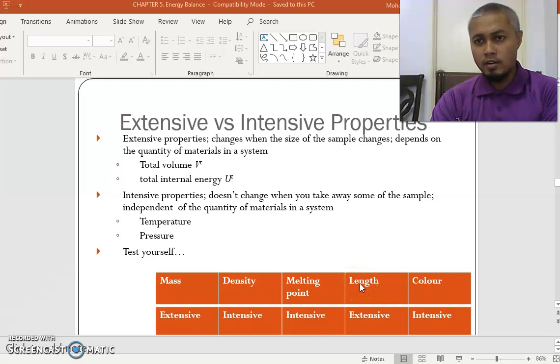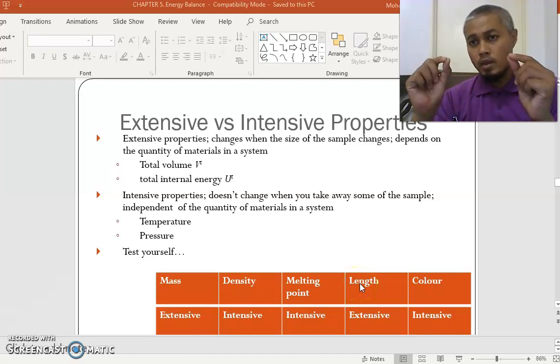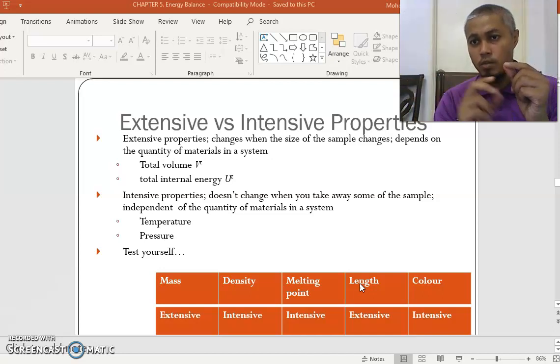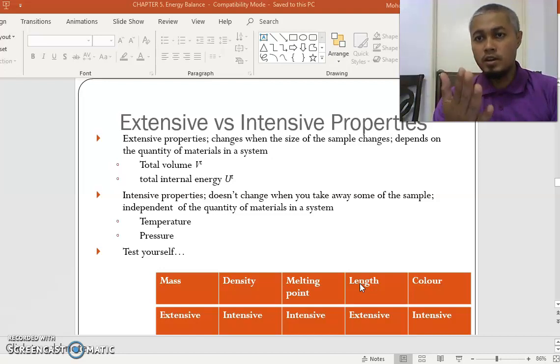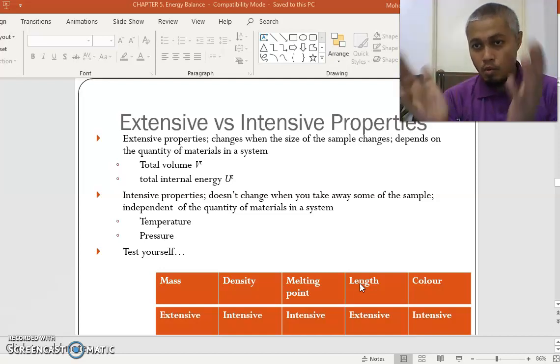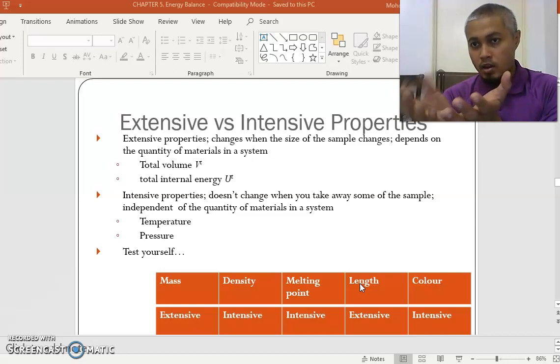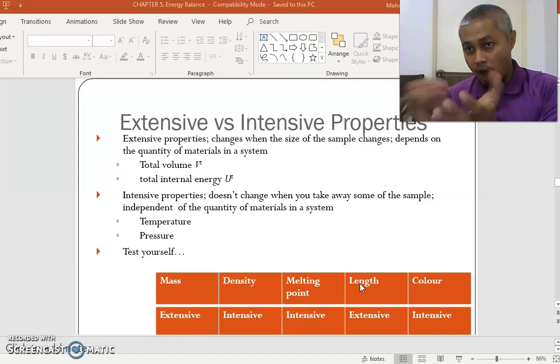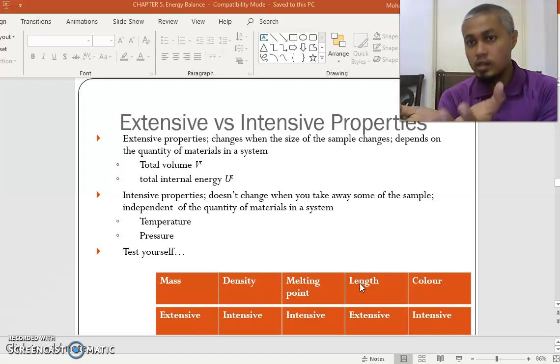If we have a rope and cut it into 2 pieces, the length will be half, different from the initial length. The same goes for a bowl of jelly: if we remove half of it, you will have half of the total mass of the bowl.